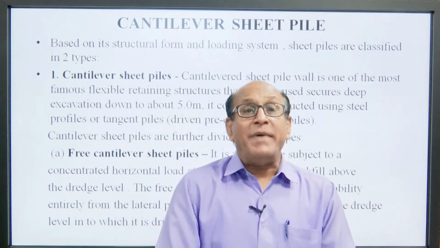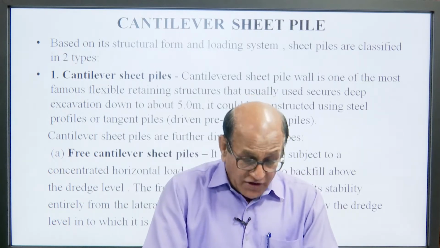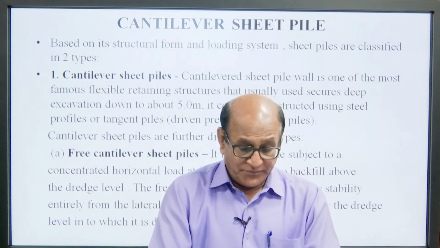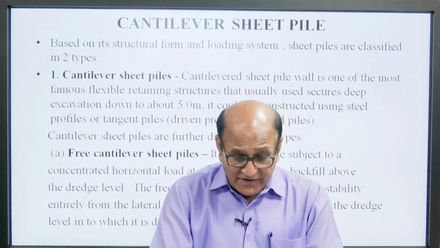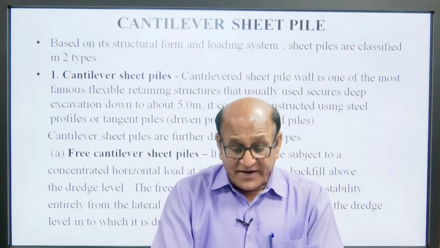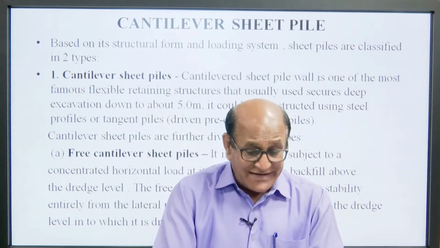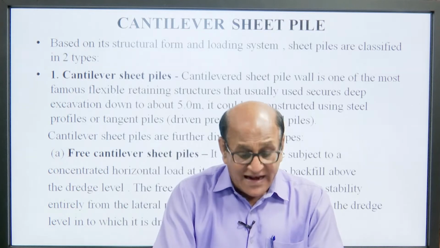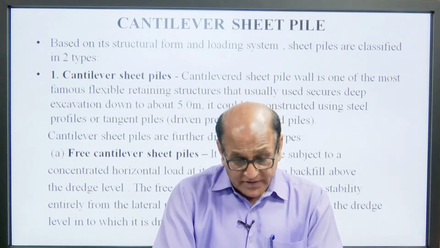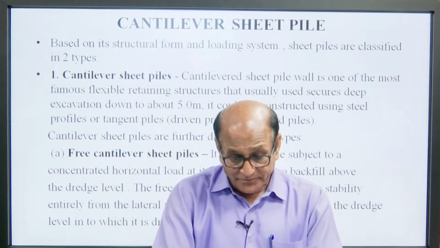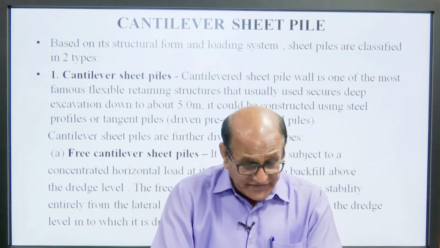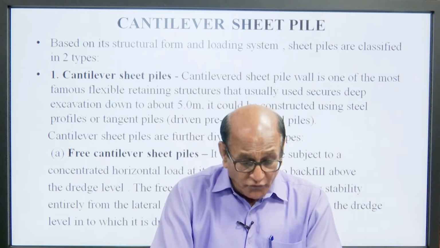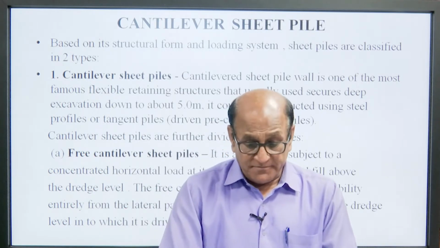There is no backfill above the dredge line. The free cantilever sheet pile derives its stability entirely from the lateral passive resistance of soil below the dredge line into which it is driven.